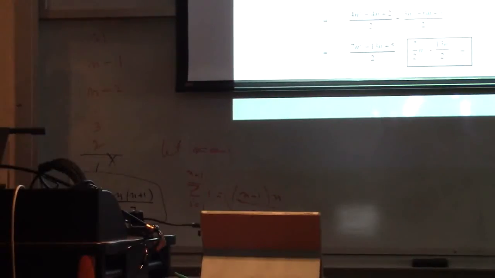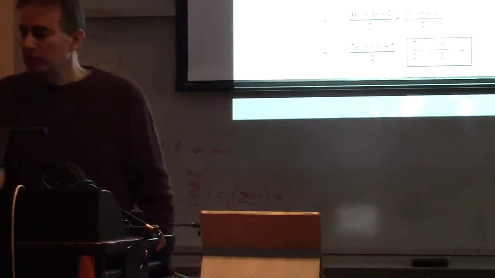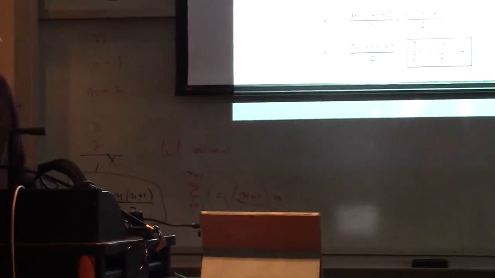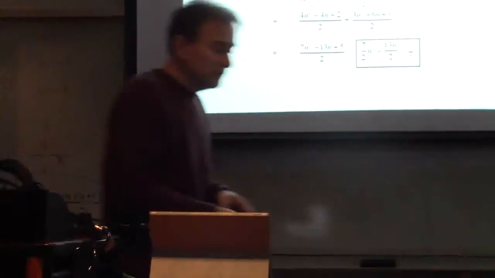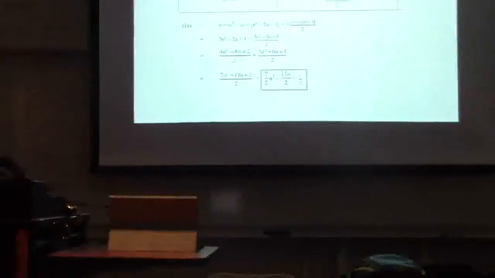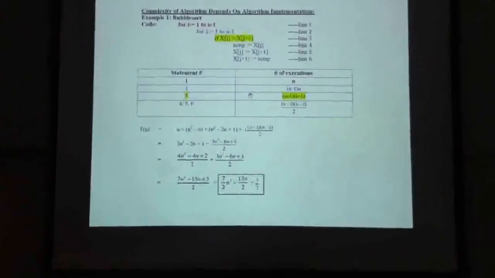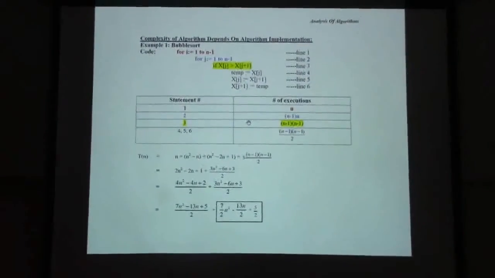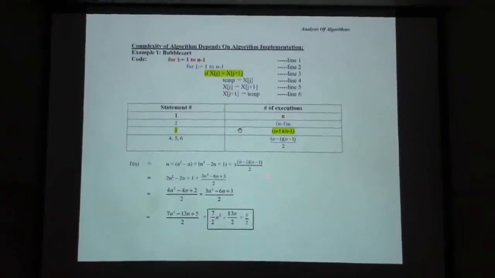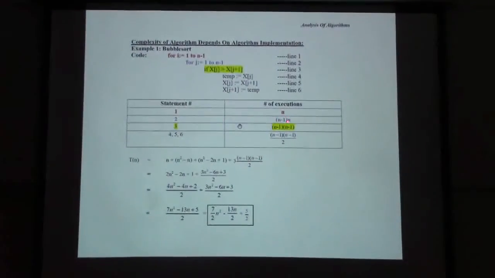Get it? Now, we can compute these things just like that, and I expect you to be able to do that. If you don't, then ask me or ask the GAs how to do it if you get confused. So the idea is that we are now going to get a different instruction count for statement 2.